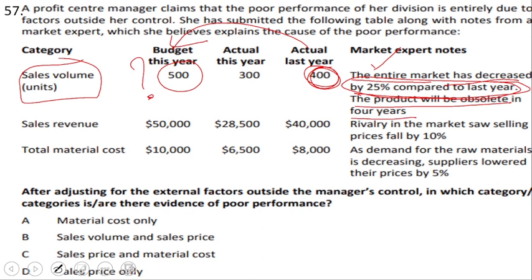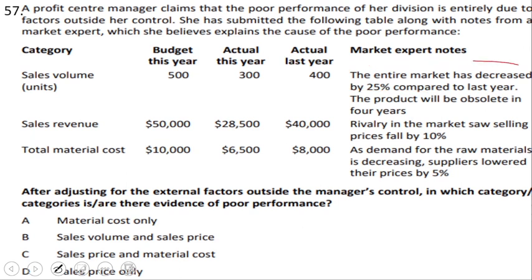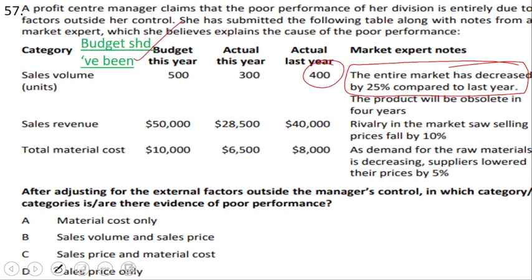So there is no question of stocking those particular goods in the godown. We should somehow sell it because the expiry date is within 4 years. Now coming back to this first sentence, the entire market has decreased by 25% compared to last year. So last year sales was 400 units. So the budget should have been 400 units multiplied by 75%.